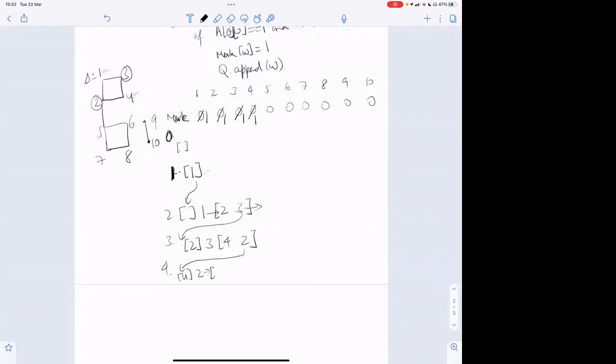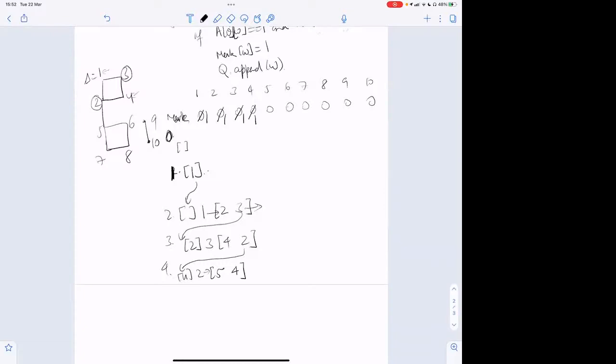Correct? 1 is marked, nothing happens. 4 is marked, nothing happens. 5 goes into the queue. I append it behind in the queue, and then I extract. So I had extracted 2, and now I append this 5. I have drawn the queue in reverse, but it does not matter.